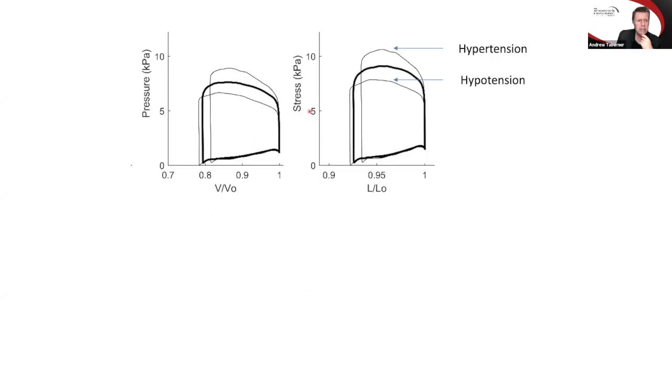So we can now do interesting things, like, for example, have a normal heart, here shown with its stress length loop in the one-dimensional muscle sample, or the equivalent pressure volume loop of the three-dimensional heart, and now mimic the conditions of hypertension by increasing, for example, the peripheral resistance or the aortic compliance or the circulatory capacitance. And we can mimic conditions of hypertension and hypotension. So this is a really important and powerful tool.